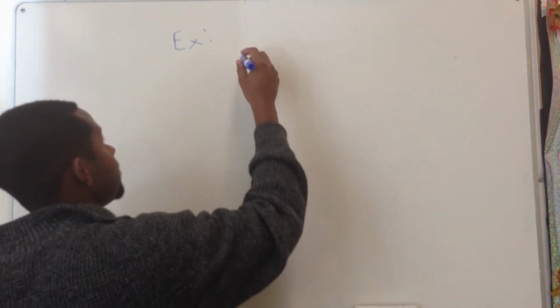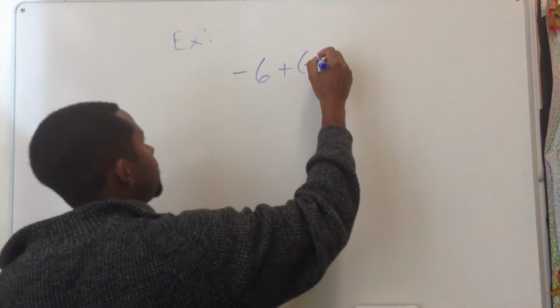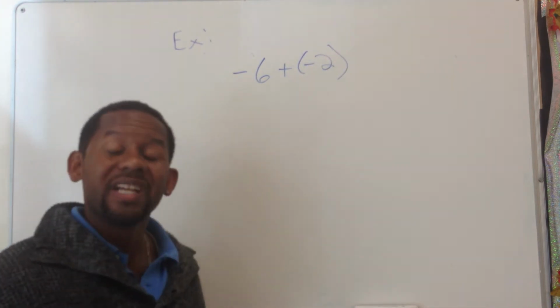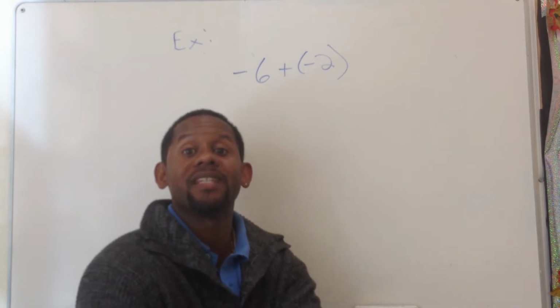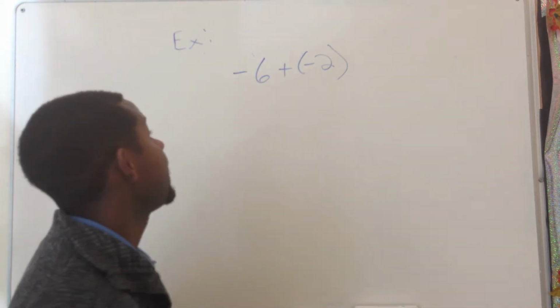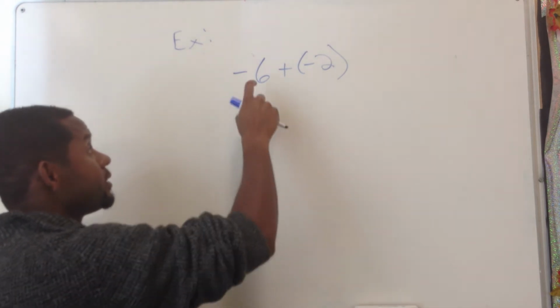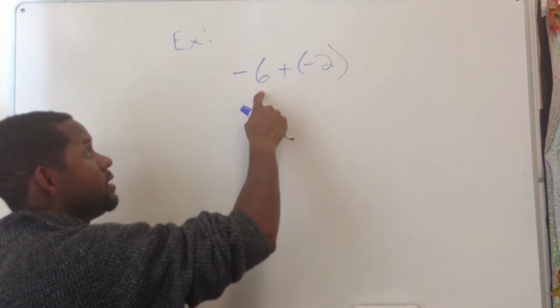Let's do the next one. It says -6 plus a -2. I want you to think this out in your head and come up with the answer before I do it, but think it out in terms of money. So, here it is. I owe somebody $6.